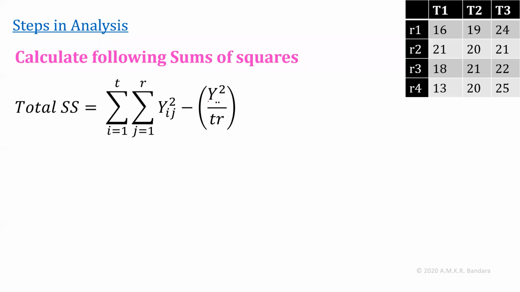Y dot dot represents the grand total of the observations. In order to find y dot dot, you add these observations together: 16 plus 21 plus 18 plus 13 plus 19 plus 20 plus 21, and add all these. Then you will get y dot dot. Then square that total and divide by the number of observations, that is T into R. In that way, you can get the total variability in this data set. That is that much.